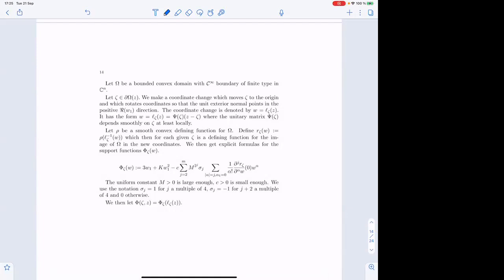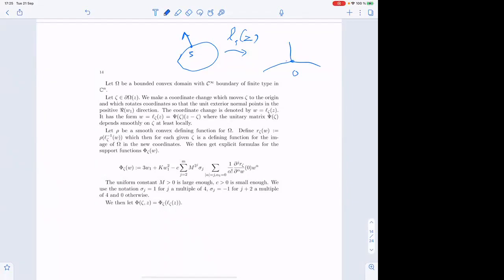Then we make a coordinate change so that zeta becomes the origin. And the domain looks more like this in these new coordinates. And then the outer normal becomes some coordinate axis, the real part of the w1 coordinate axis.